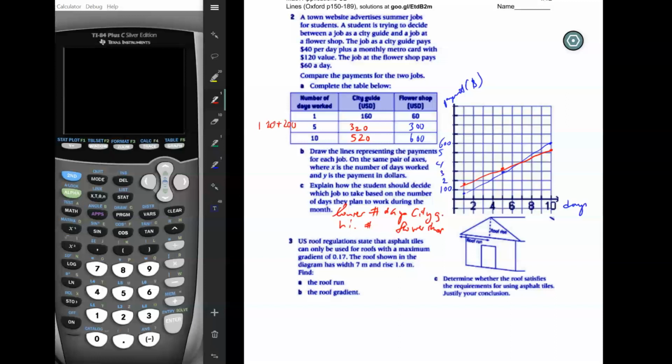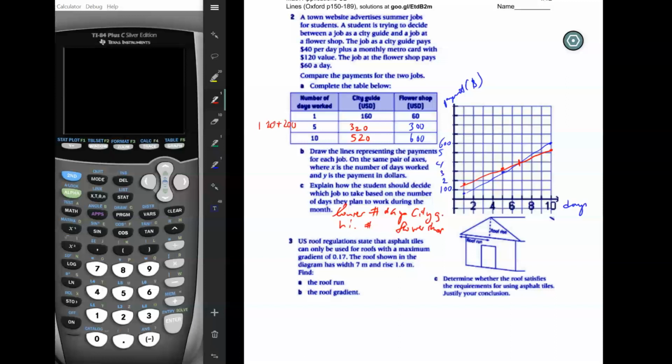And there's obviously a certain point where the blue line starts being higher than the red line, which is around here. Since I didn't draw it very well, you can't really tell where that point is. But later we're going to find out how to use the calculator to find that intersection point, okay? And they didn't really say to find that point, so I'm not going to find it here.